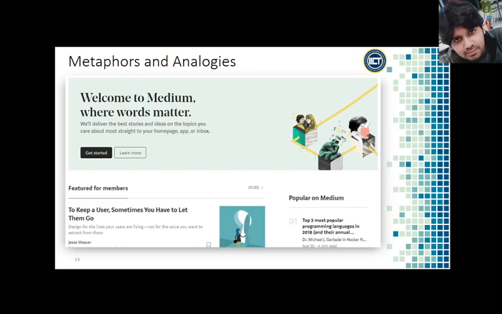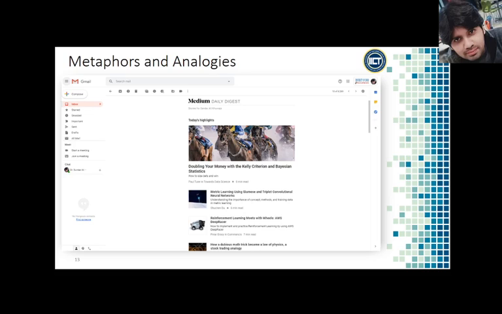As you can see, Medium sends me a daily digest of articles which it thinks I would be interested in reading. And in that way, it's more like Facebook or Twitter because it kind of suggests something to you based on your interests. So notice that my entire explanation of Medium was based on analogies to other services like WordPress, Huffington Post, and Facebook.